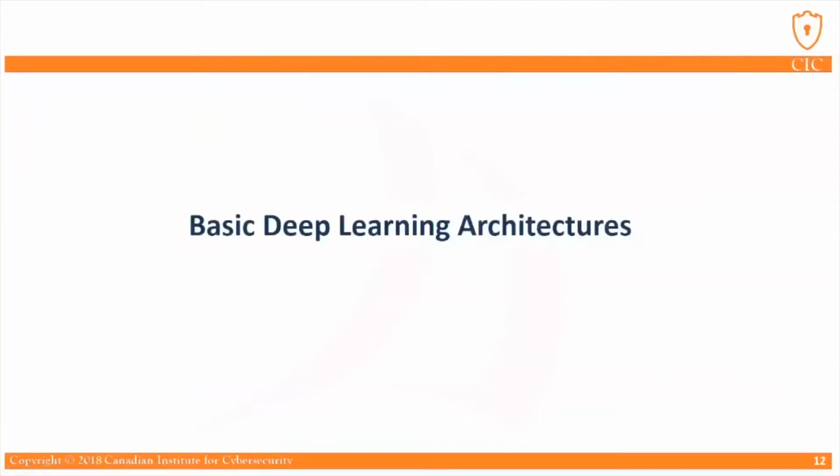What are the basic deep learning architectures? As I said, deep learning is based on neural networks. Although the first works on neural networks date back to the 1950s and 1960s, it was not until 2006 that deep learning emerged as what we perceive today, through Hinton's work, who invented the deep belief network based on RBM, which I will explain later.